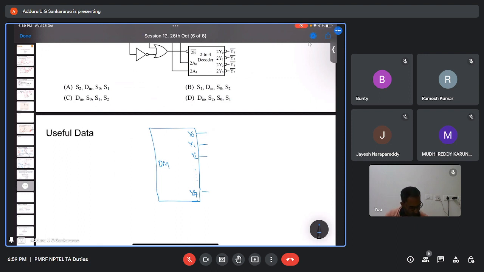We will have some selection lines, S2, S1, S0. Based on the selection lines, the data at the input will go to any one of the outputs. Let's say selection lines are 0, 0, 1. Then whatever data is present at the input line D in will be connected to the Y1 output. This is a 1 to 8 demux.